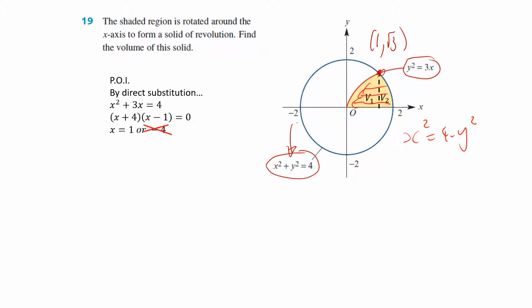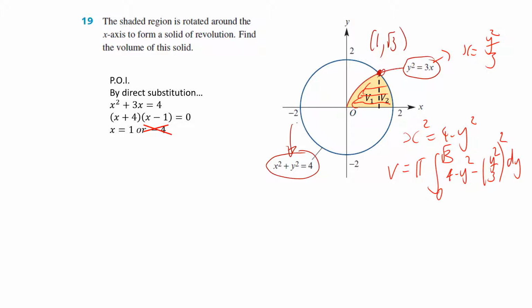And for the other curve, x is equal to y squared on 3, and it'd be a case of upper minus lower squared, so the integral would be something of the form: volume is pi, integral from 0 to root 3, upper being 4 minus y squared, lower being y squared on 3, squared, dy.